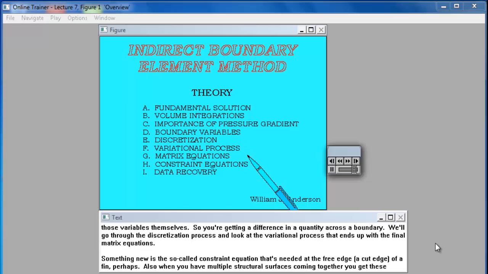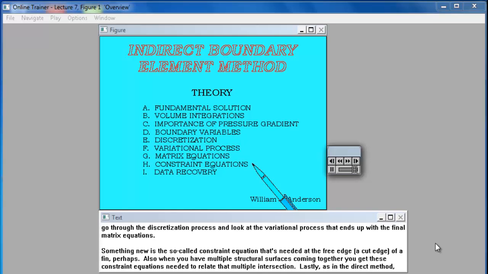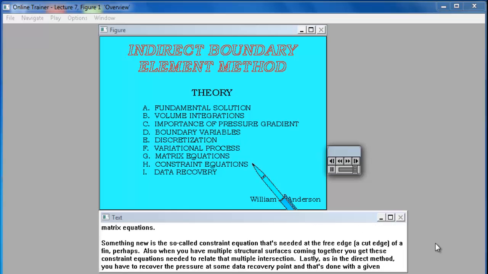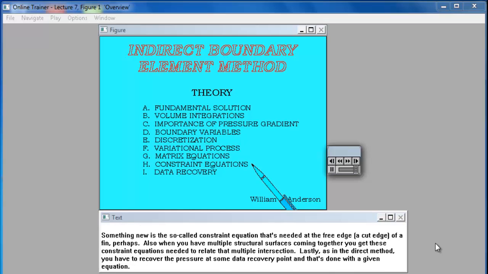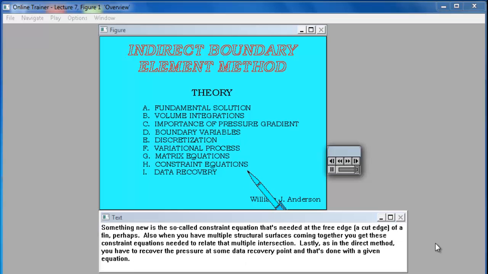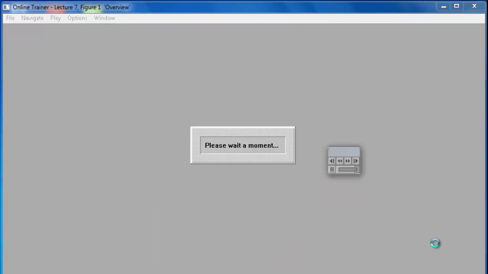Something new is the so-called constraint equation that's needed at the free edge, cut edge of a fin perhaps. Also, when you have multiple structural surfaces coming together, you get these constraint equations needed to relate that multiple intersection. Lastly, as in the direct method, you have to recover the pressure at some data recovery point, and that's done with a given equation.